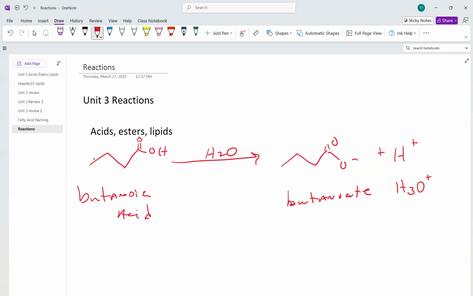Strong acids, all the H's come off that are acidic. Weak acids, part of them come off. That's what makes them a weak acid. So butanoic acid is an example of a weak acid. It's also very, very stinky. This is what gives cow patties their lovely aroma, butanoic acid.